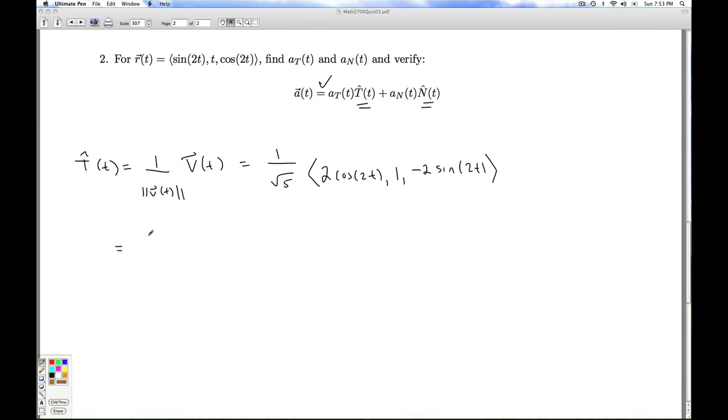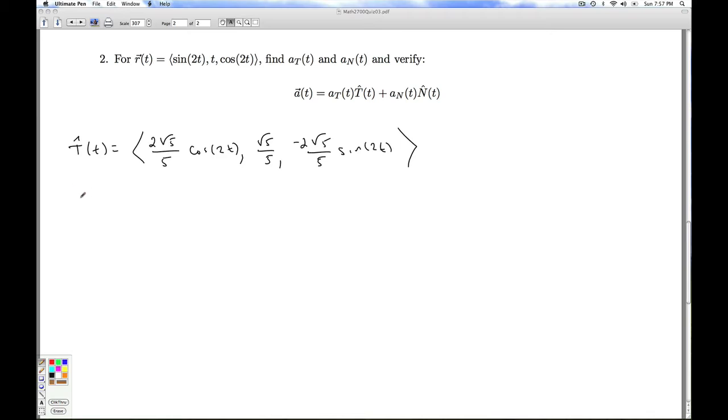So if you do that and rationalize, I'm going to get 2 radical 5 over 5 cosine 2t, 1 radical 5 over 5, negative 2 radical 5 over 5 sine of 2t. Okay, so there's our T hat again, and now we need N hat.